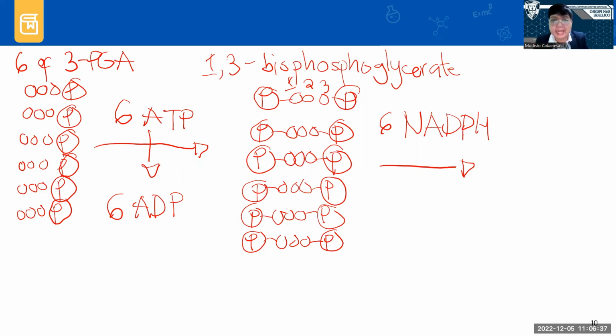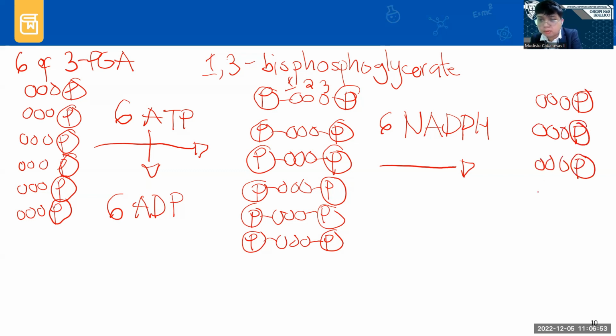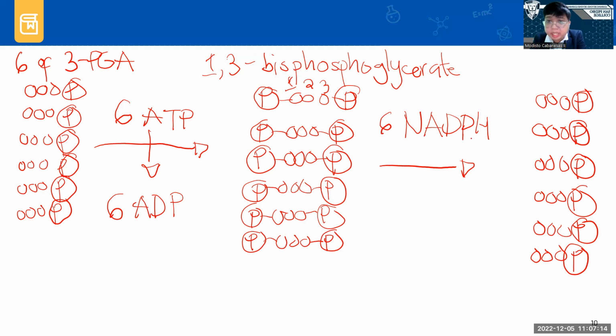Okay? So ang mangyayari, we will have a molecule na ganito, 6 lahat. One, two, three, four, five. And last one, we have 6. So we will remove the phosphate sa first carbon and add hydrogen galing kay NADPH.